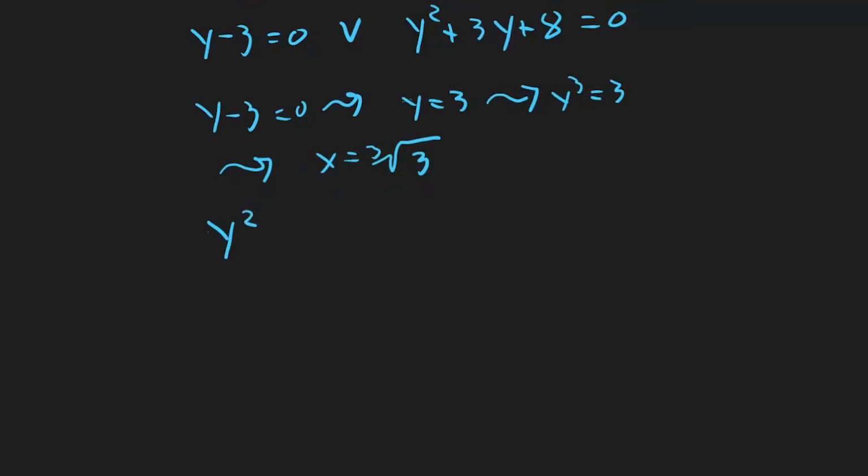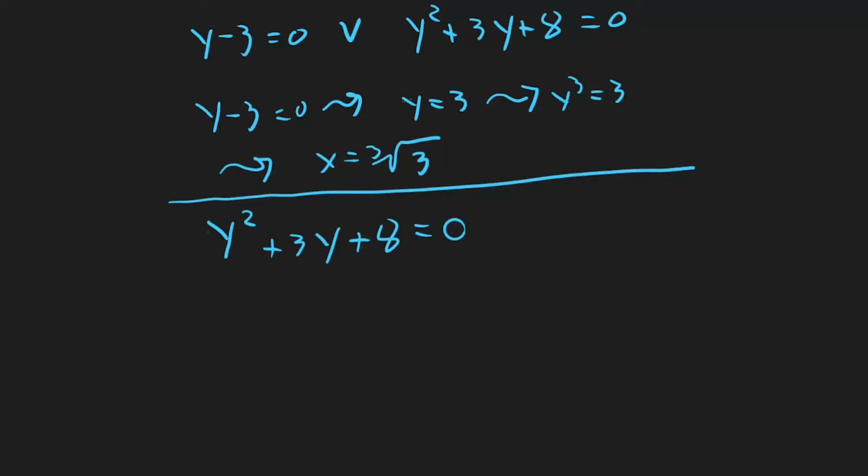Now we will look at y squared plus 3y plus 8 equals 0, and this is new, so we'll just make a line here. So if we look at this, we can calculate the discriminant, and if we calculate the discriminant, this is 3 squared, because that was our b value. b squared, 3 squared minus 4 times 1 times 8.